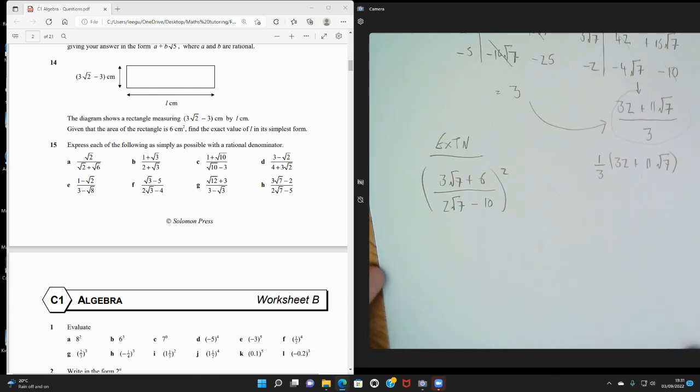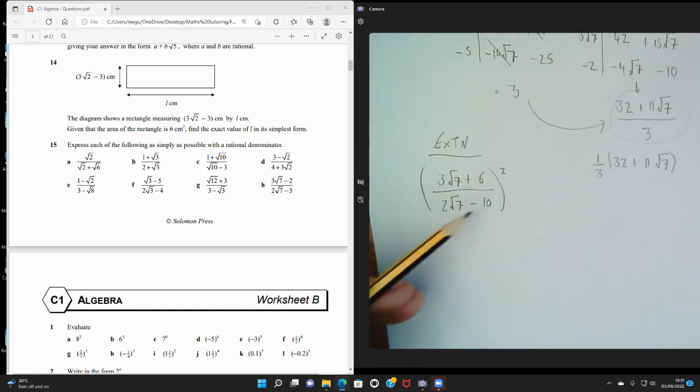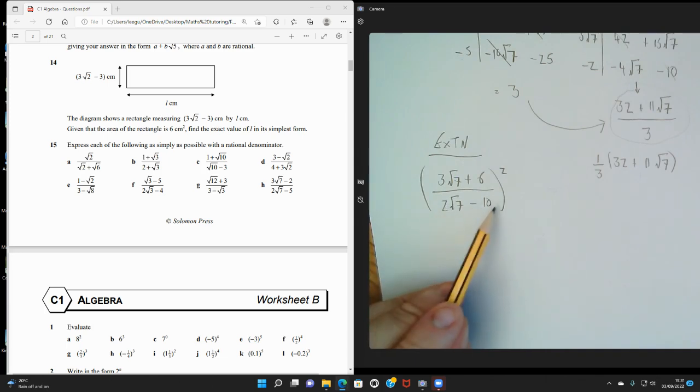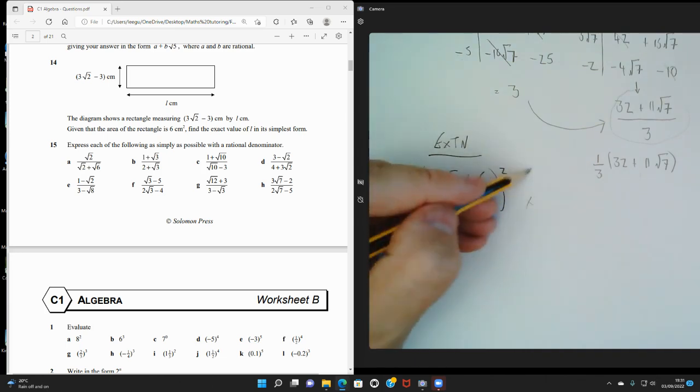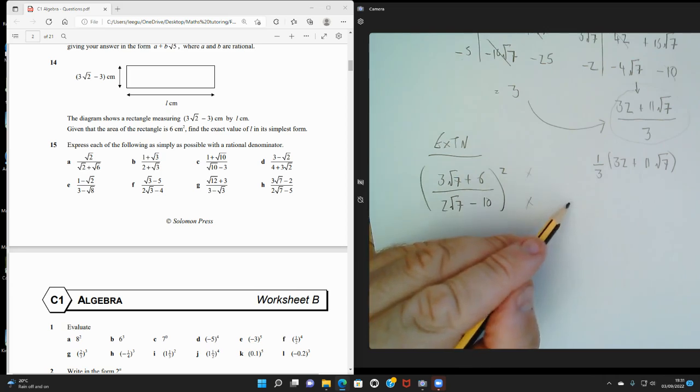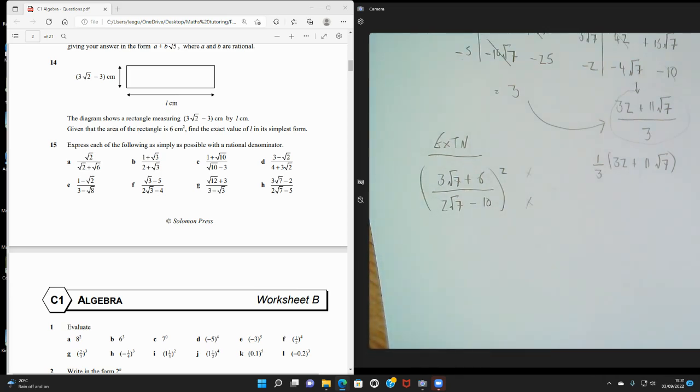Now, in an expression like this, because they're always trying to separate students from one another, the common temptation, I think, would be to expand this whole thing by 2√7 add 10, and just to times the whole thing by 2√7 add 10. And that would be incorrect.